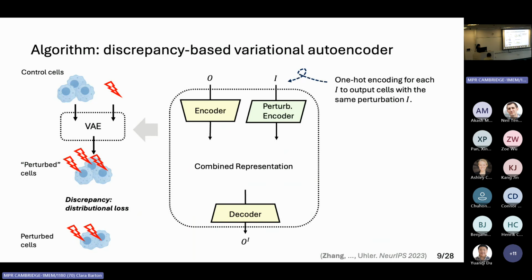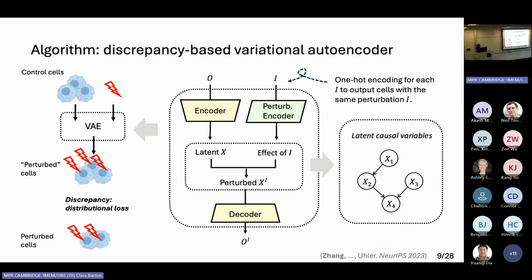Okay, just 1 minute on how this connects to the theoretical result. We can actually split open this combined representation. We encode a control cell to latent X, and we encode a corresponding perturbation. As long as we're forcing the perturbation effect to follow some kind of causal graph here, we can get a perturbed version of the representation that reflects this network.